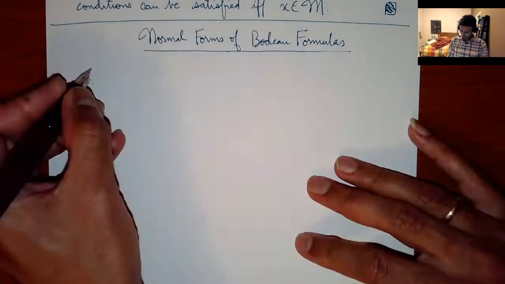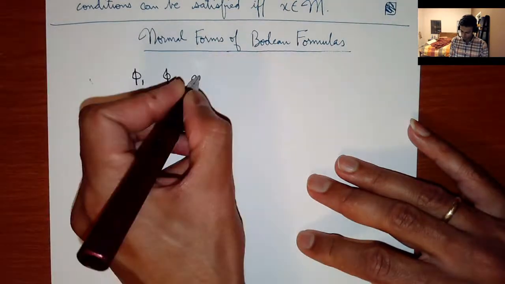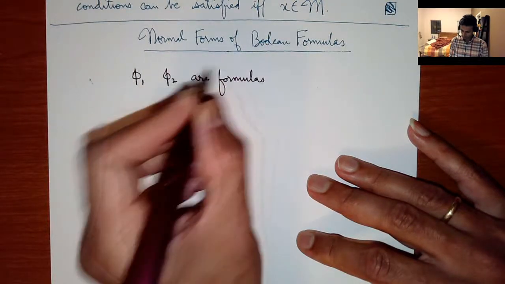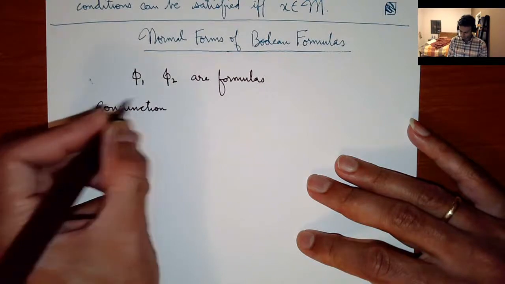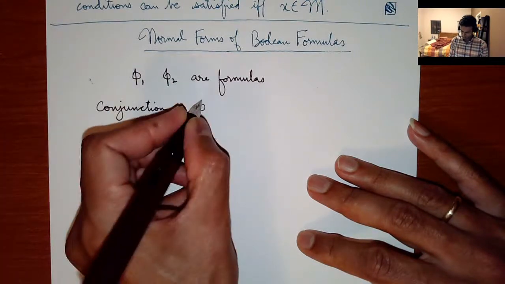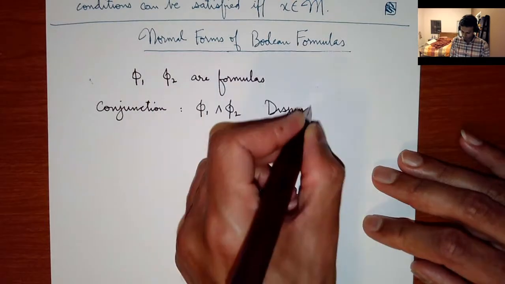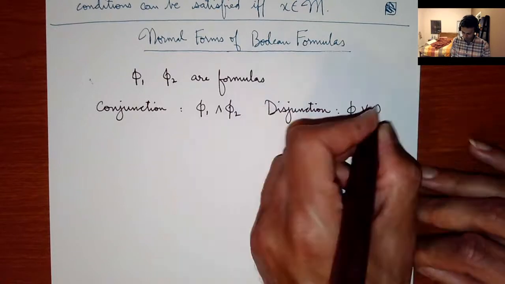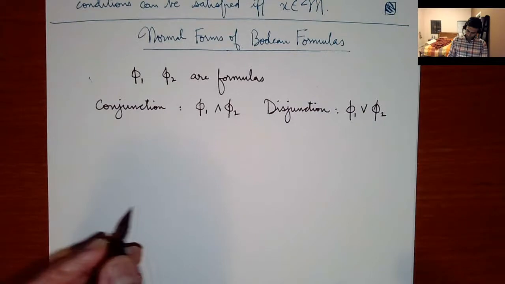So recall that if phi1, phi2 are formulas, the conjunction is just the and, the disjunction is or, right? Conjunction is and, disjunction is or.